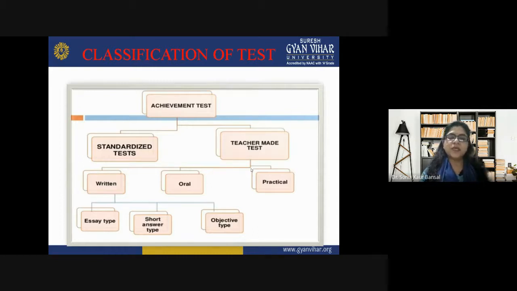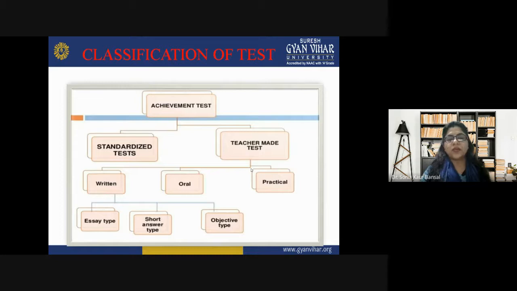Achievement test is divided into two forms. One is standardized test, another is teacher-made test. Teacher-made test is divided into three parts: first is written teacher-made test, secondly oral teacher-made test, and thirdly practical teacher-made test.